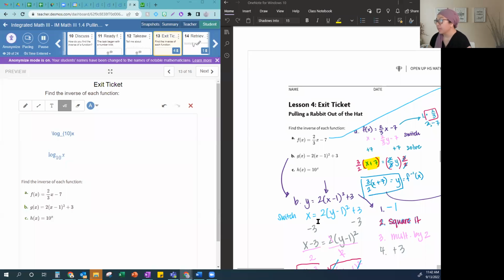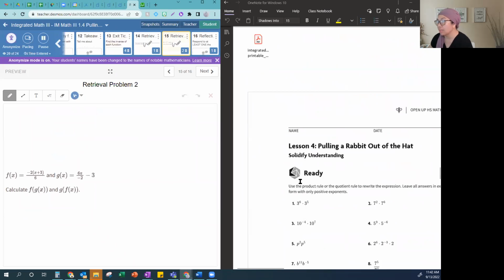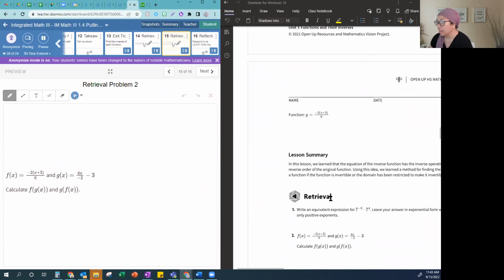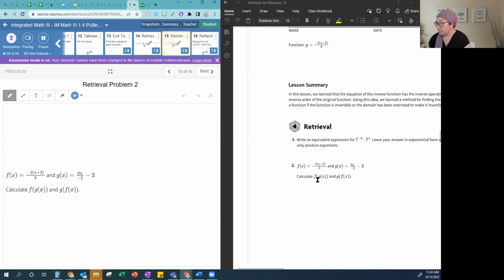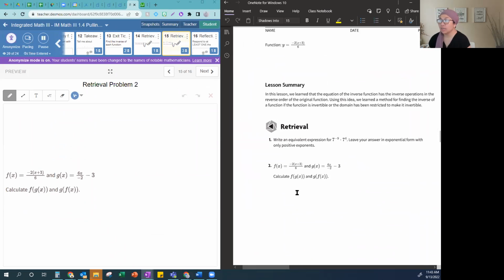Okay, so we are continuing on. The next question was retrieval problem 2 and slide 13. So slide 13, I did. Retrieval problem 2 is all the way down here. Oh, no, it's up here. Sorry, my bad. It says, in this lesson, we learned that inverse functions operate... Oh, okay, they just want you to now check.